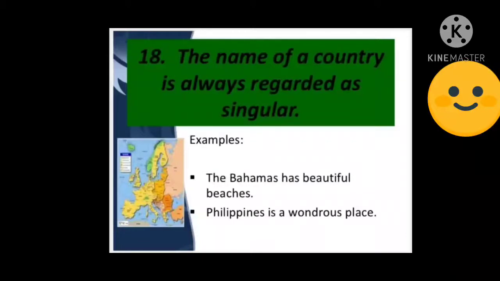Okay, then we have to understand the rule, and this is nothing but the name of a place or a country, and always use a singular verb. The Bahamas has beautiful beaches. Philippines means a group of islands, all together considered as a single one, a single territory. Philippines is a wondrous place, you cannot say Philippines are.